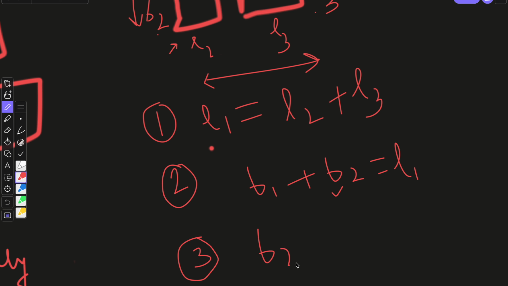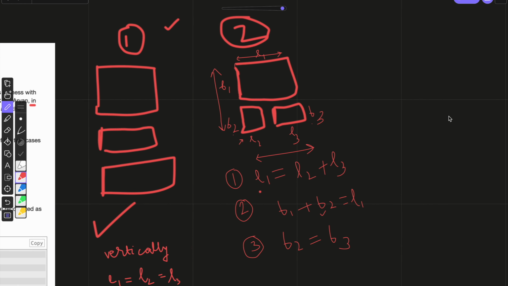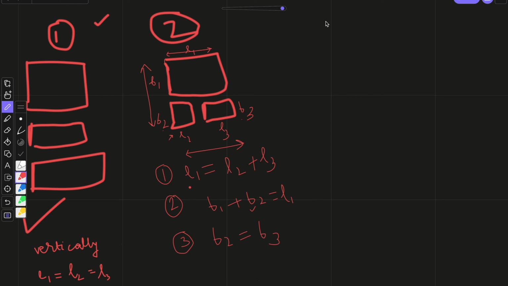So B2 must be equal to B3. So these three conditions should hold for the second case. Now let's see the third case.